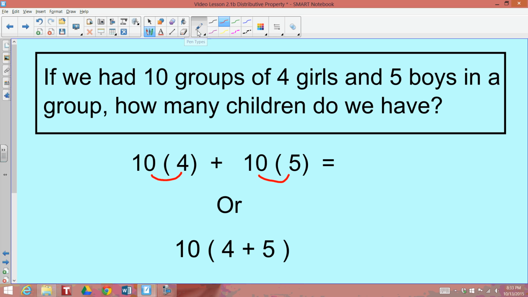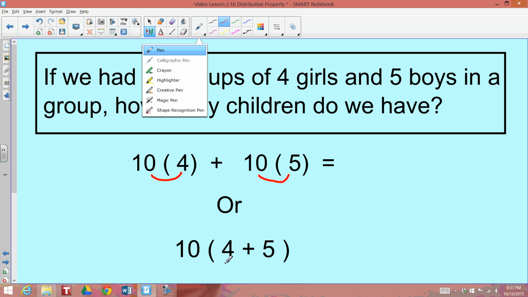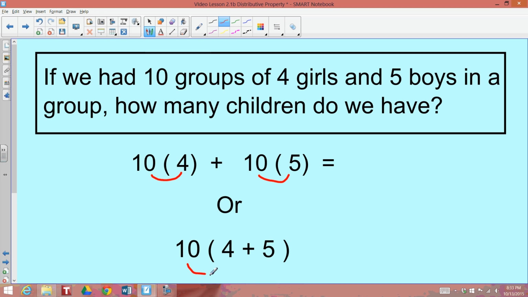And according to the distributive property, instead of adding 4 plus 5 and getting 9 and then multiplying it by 10, I can take the number 10, multiply it by 4, which is 40, and add it to 10 times 5, which is 50. So essentially, I'm taking each addend inside and multiplying it by the number on the outside, which is also represented right up here.